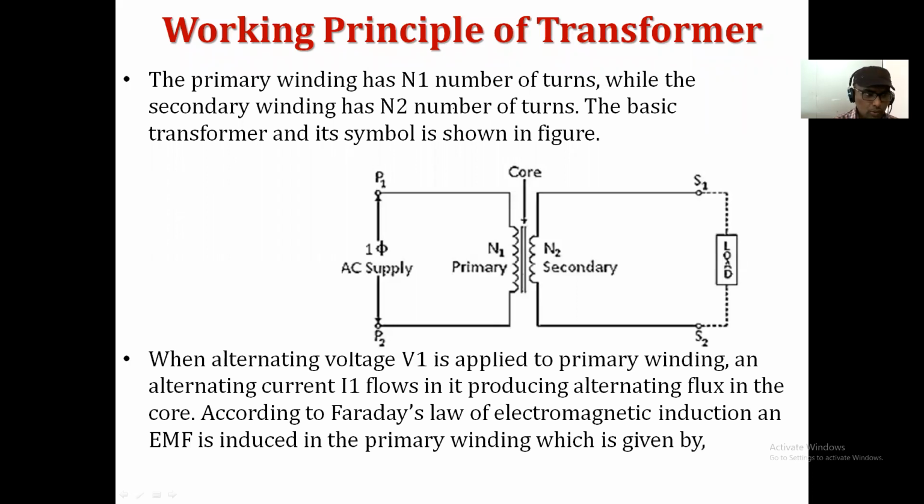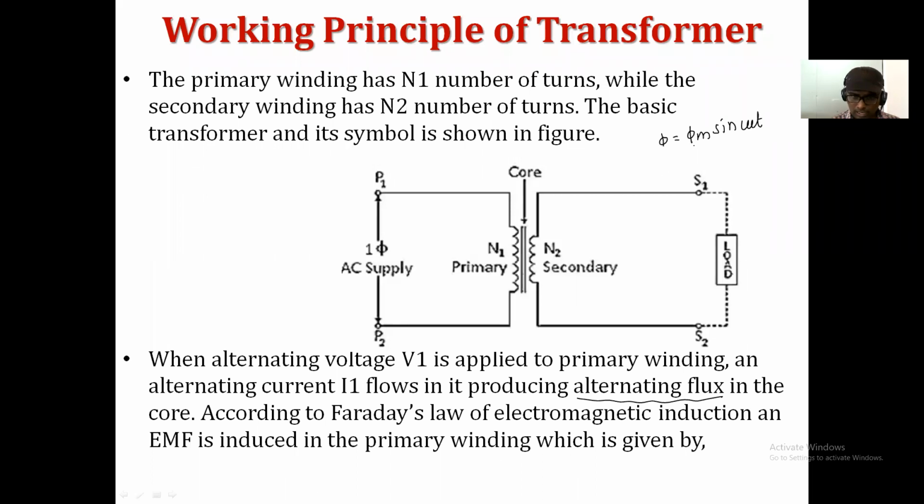Next point. When alternating voltage V1 is applied to the primary winding and alternating current I1 flows in it, it produces alternating flux. And what is the formula for alternating flux? As I rightly mentioned, phi is equal to phi m sine omega t.